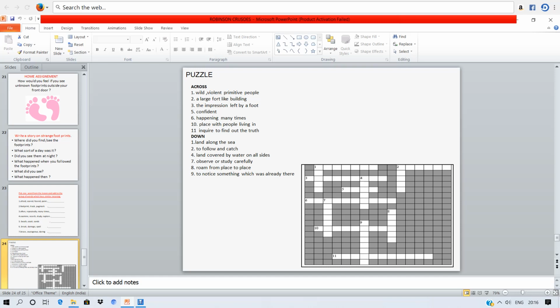Land along the sea to follow and catch. Land covered by water on all sides, and naturally it is an island. Observe or study carefully. Roam from place to place. To notice something which was already there.